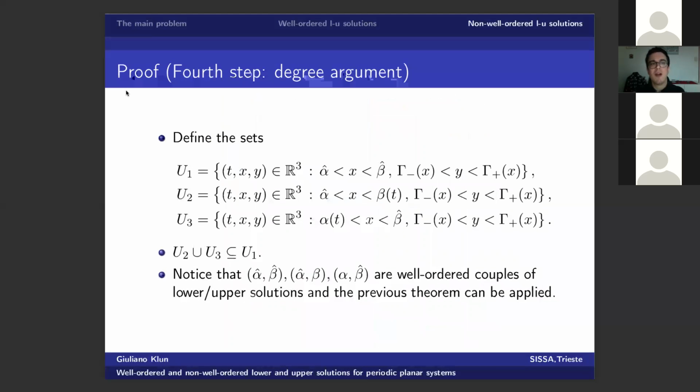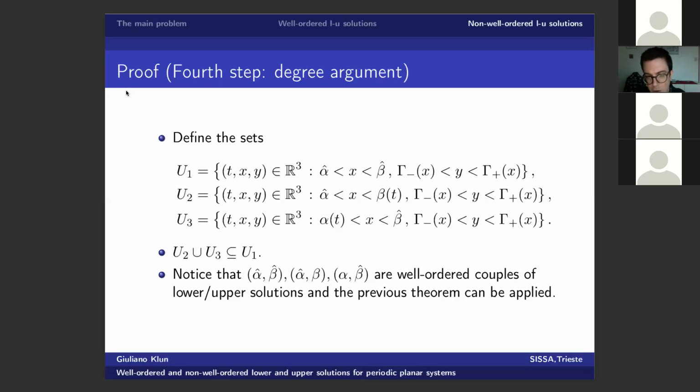So we can define three sets U1, U2, and U3 as the sets delimited in y by gamma plus and gamma minus, and in x delimited by the three couples alpha hat, beta hat; alpha hat, beta of t; alpha of t, beta hat.